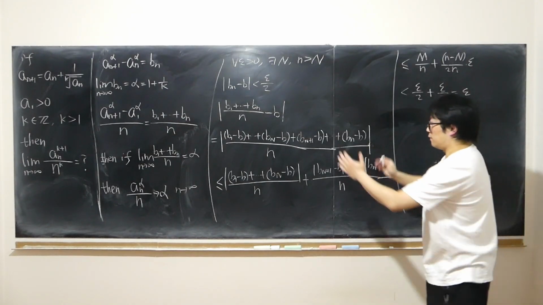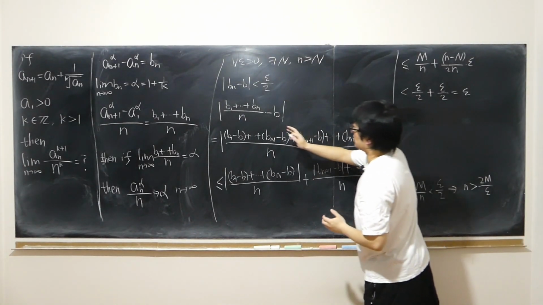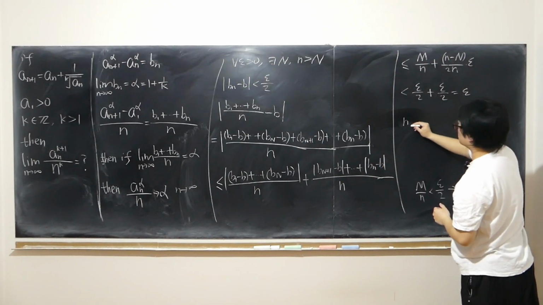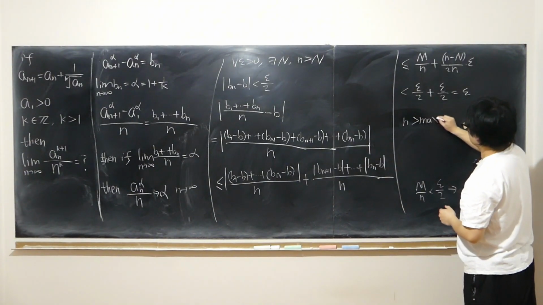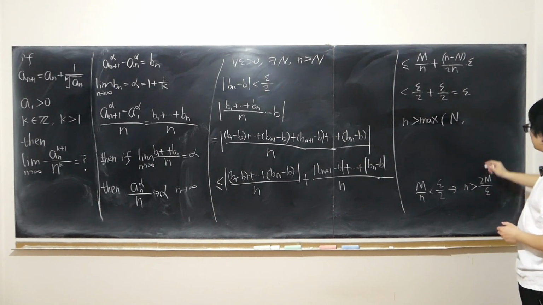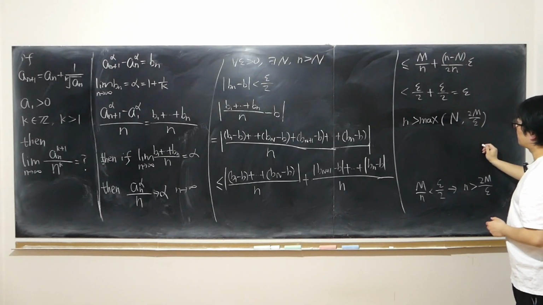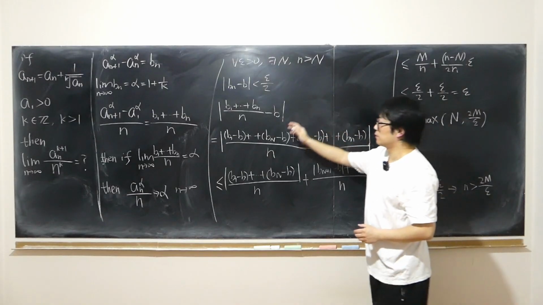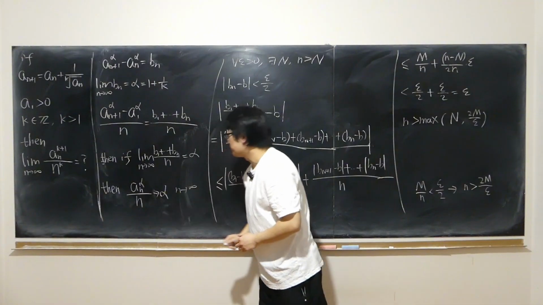So this whole thing is small enough. Therefore this limit must be b, if n is greater than this capital N and 2M over epsilon. So that meets the definition of the limit. So this limit is really alpha.